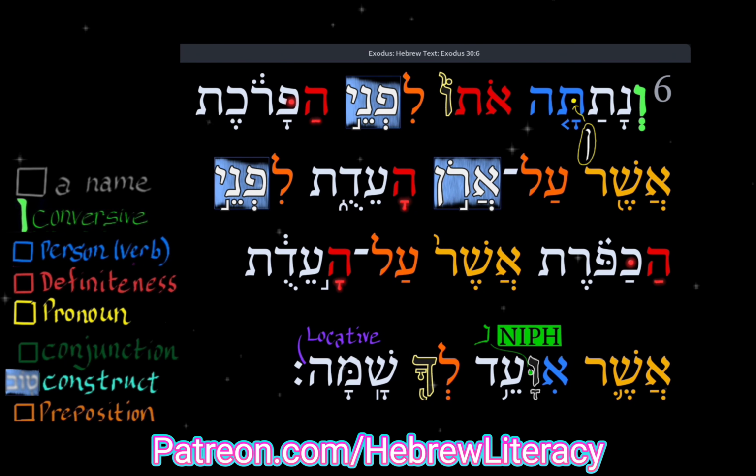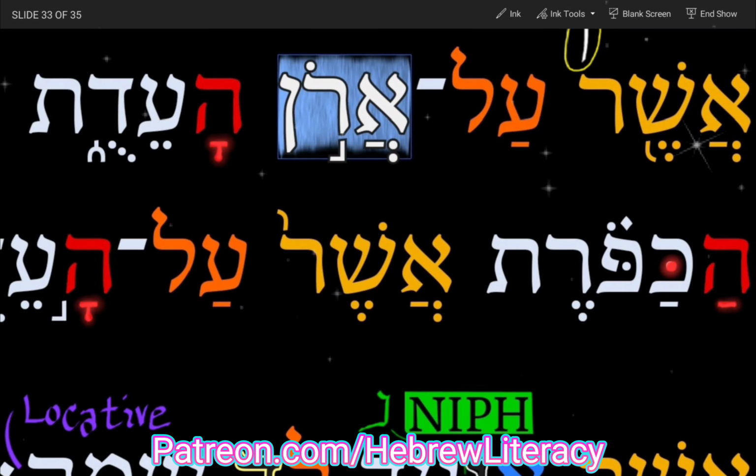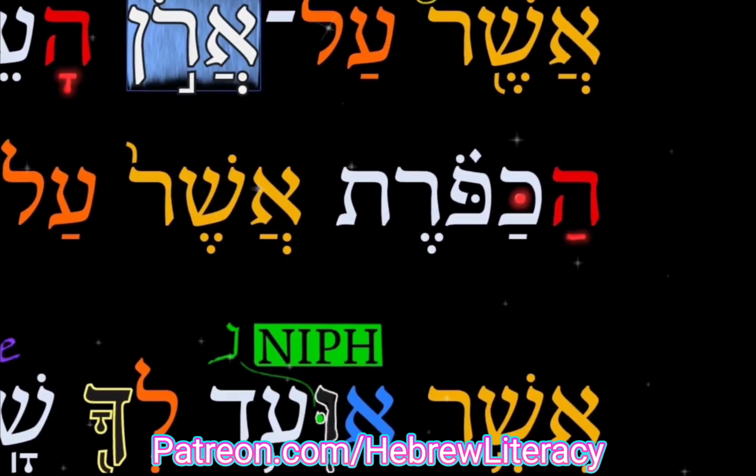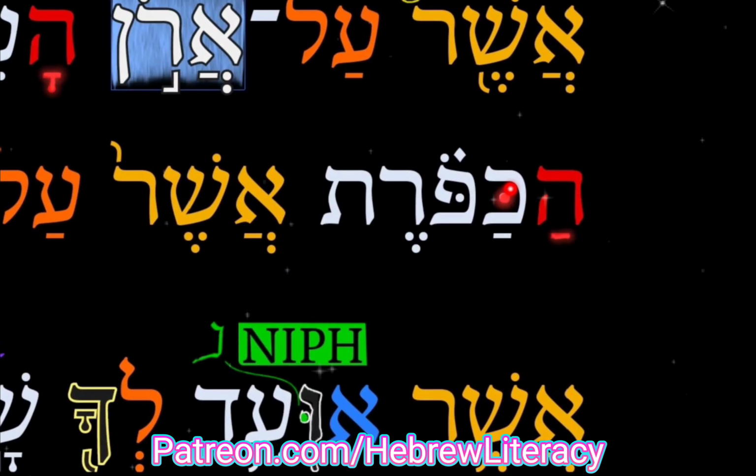Now look at the root on this guy. Even if you didn't know what this was, it's kind of interesting. You don't have to look, you can listen. Kaf, pe, resh. Kafar. Well, what is kafar? Kafar is to cover. And what about kippur? Sound familiar? Yom HaKippurim or Yom Kippur, right? Day of extreme covering, in other words, atonement, right?